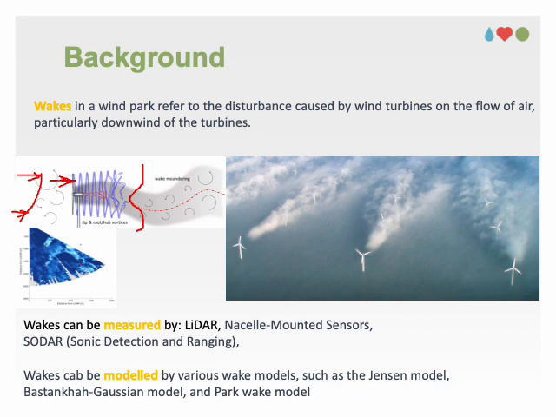These create a region of disturbed airflow behind the turbine. This region is commonly known as wake. It can be measured by different sensors and modeled by various wake models.